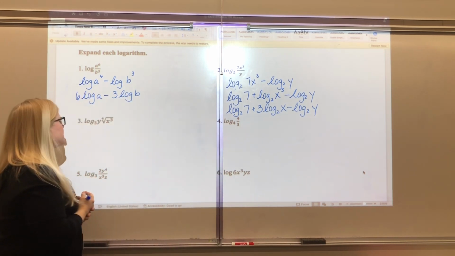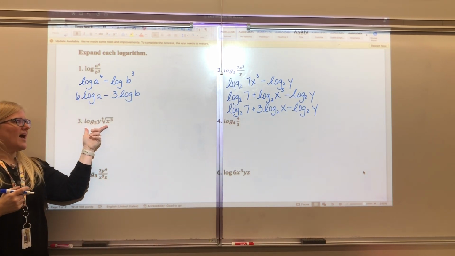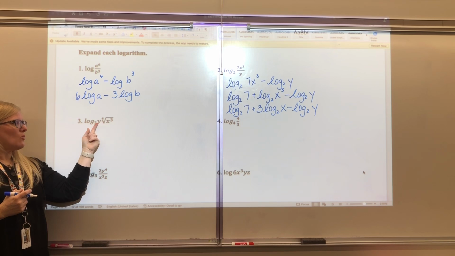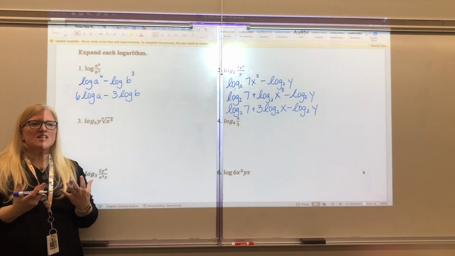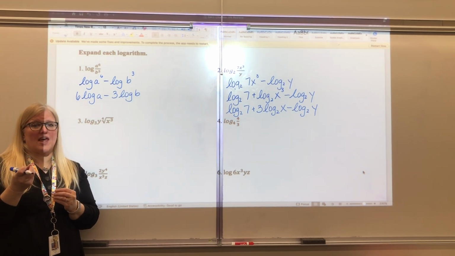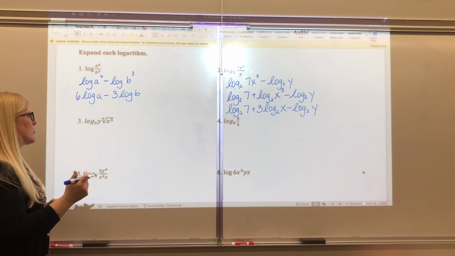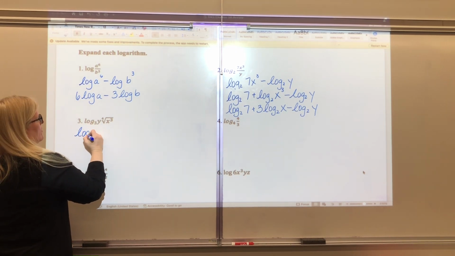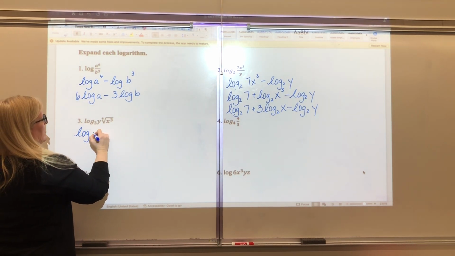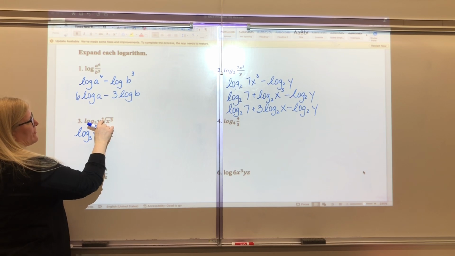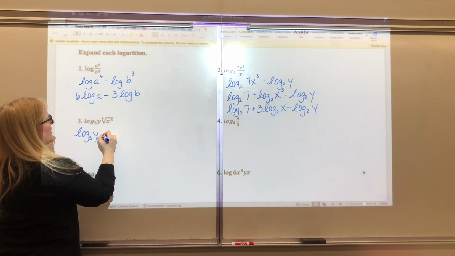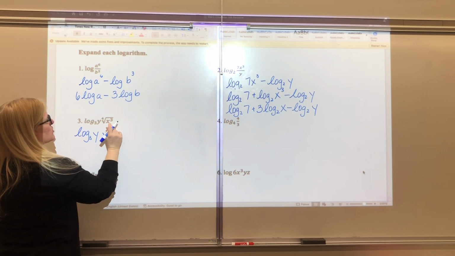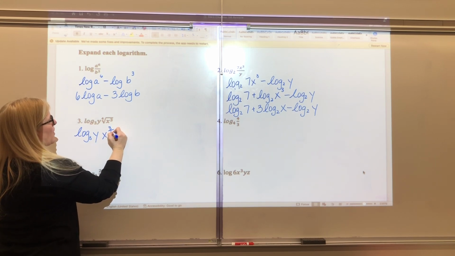All right. So in this one we have a radical. We've got y times the 4th root of x to the third. And what we need to do with radicals is change them into exponential form first. So remember that this 4 is the index. The index is going to go in the denominator. So this is y times x to the 3/4 power, right?